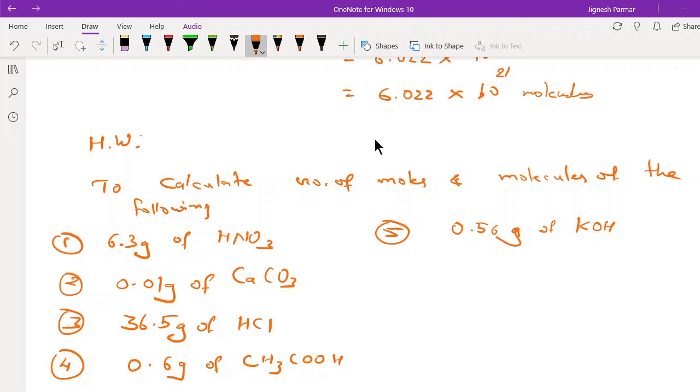So these are the 5 examples which I have given you to solve. Please do it and submit it to me on Google Classroom.